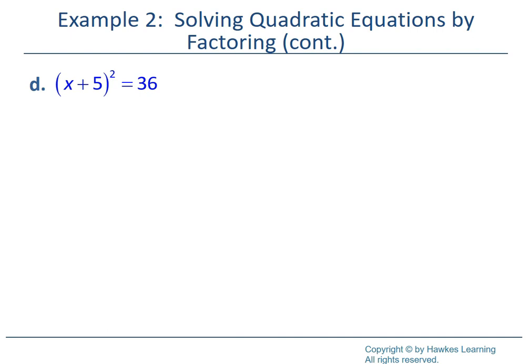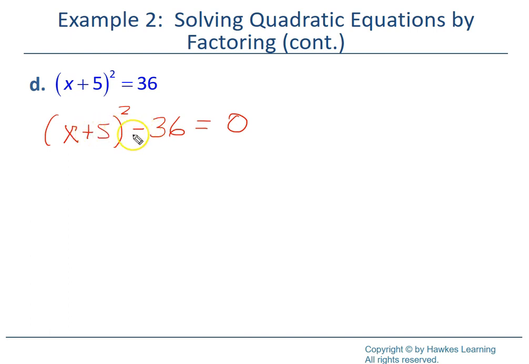Okay, now here is something we did a little earlier, and let's look at this in some detail. This is not in standard form, so we'll put it in standard form. x plus 5, the quantity squared, minus 36, and now this equals 0.